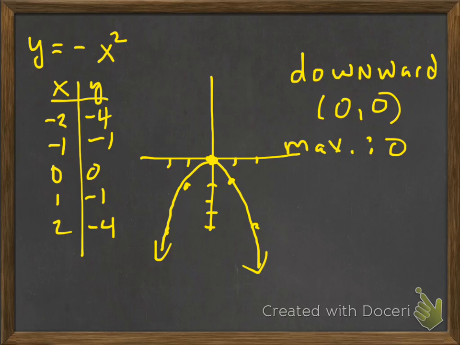So you can see here, -4, -1, 0, -1, 4, and you can see my points trying to make my upside down U. Notice that a negative flipped it downward. That might be something key to remember for later. The vertex was still at 0, 0, and the max, now notice this is a max now because it's facing downward. So this is the highest point. The vertex represents the highest point, and it's at 0.